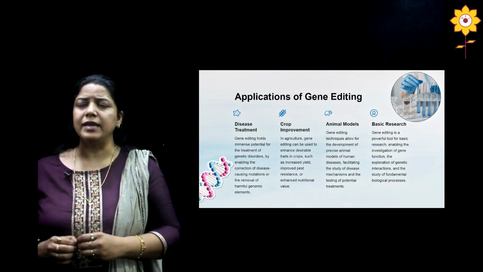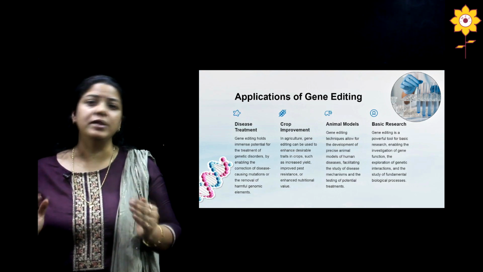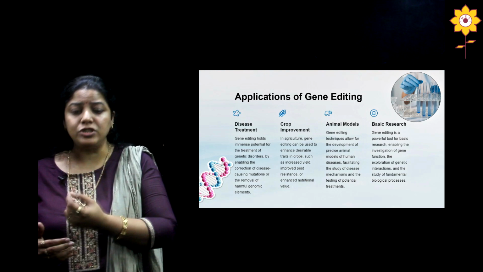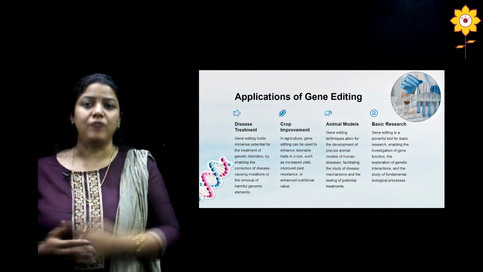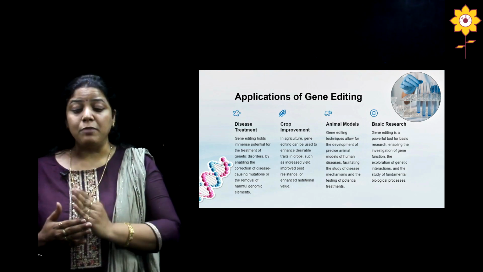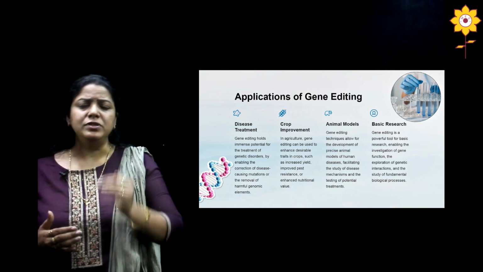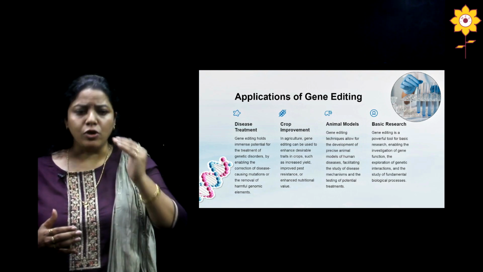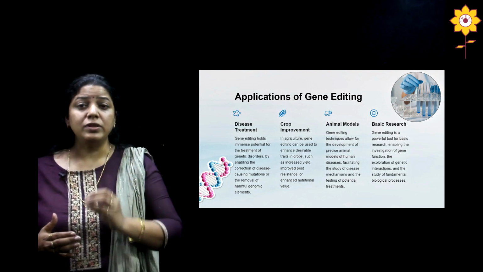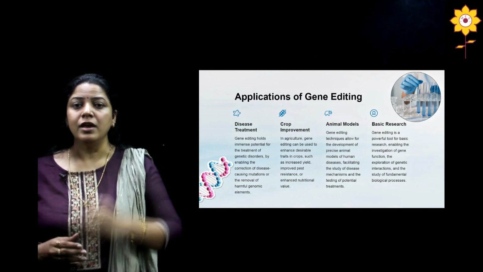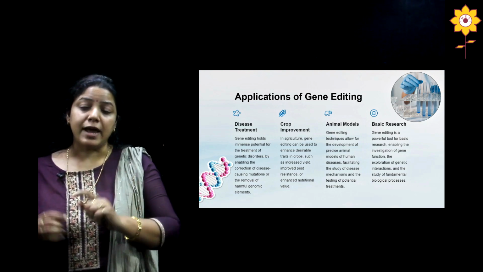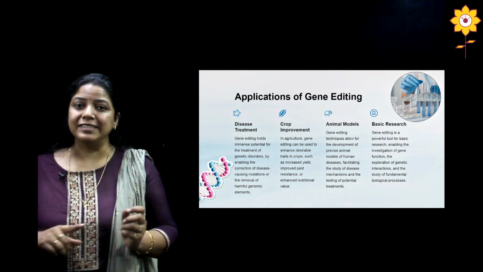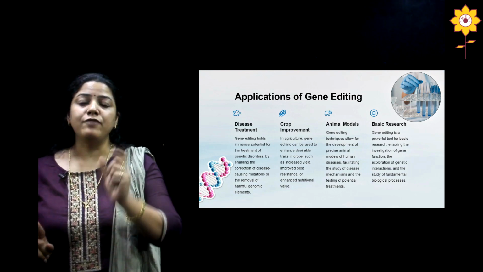For example, if all the genes are working normally in a particular cell, then it becomes very difficult to understand which gene is responsible for which function. But if you are able to reduce the activity, or just knock out or knock down a particular gene so that it does not give its function, then we would be able to understand that whatever abnormalities are being seen in a particular cell correspond to that functional gene.